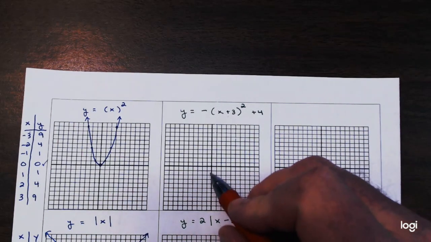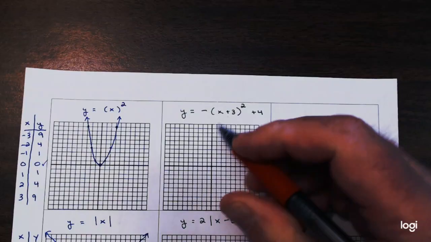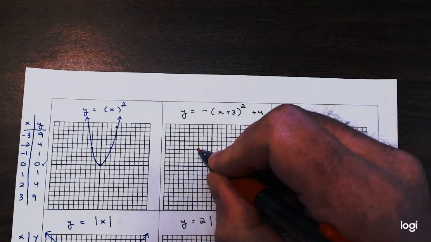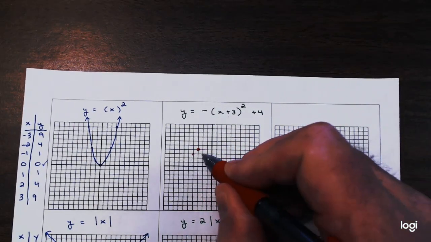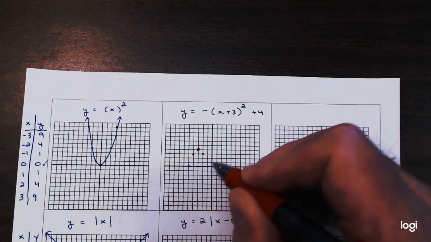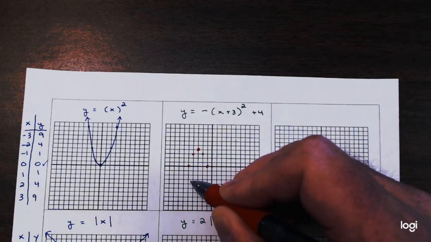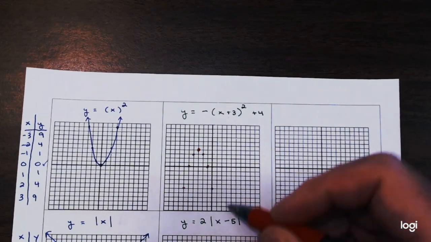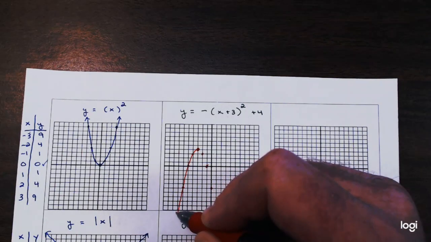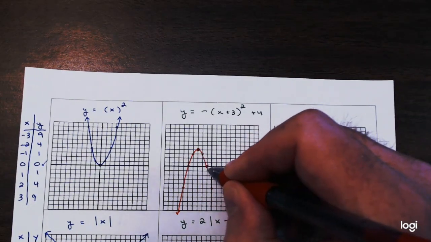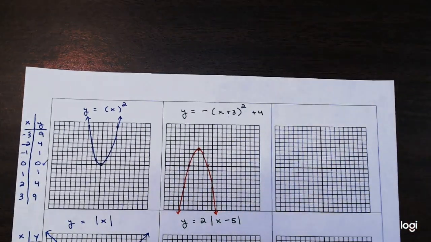That vertex has to move 3 left and 4 up. And it's flipped over, but it's still going to follow that 1, 3, 5, and then 7 pattern. Can't get 7 here on this grid, so we're just going to carry it off the grid. And there's our first parabola.